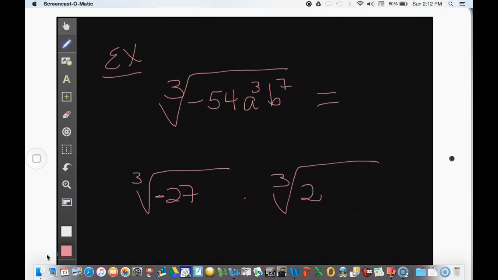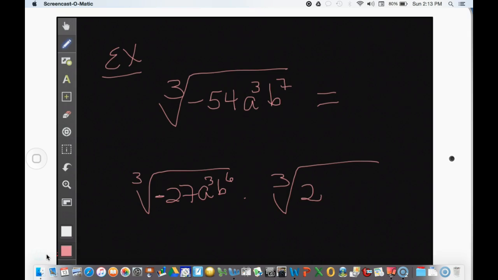The perfect cube that goes into a cubed is actually a cubed because it's already a perfect cube. Now think about this. What's the perfect cube that goes into b to the 7th? The largest one would have to be b to the 6th, because b squared times b squared times b squared is b to the 6th.